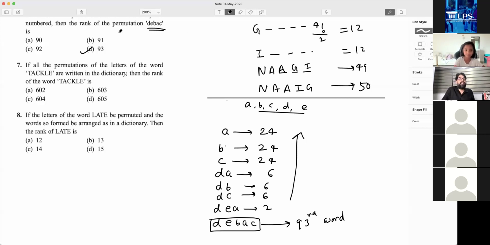So they are asking for the rank. Rank means what? The position. Okay, sir, got it, the 93rd rank. Yes, sir. Good. Next question, this one, the 7th one. Please tell the answer, those who got it. Yes, one is correct.